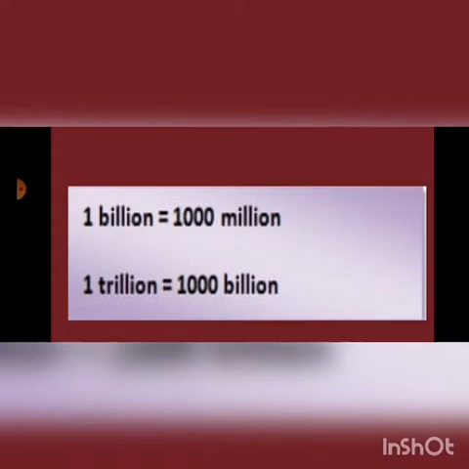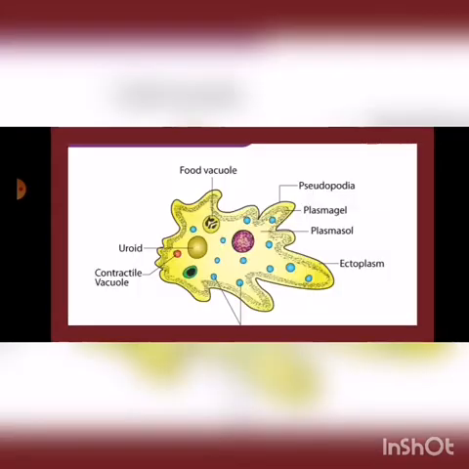Next, organisms can be of two types. The first one, multicellular organisms. The second one, unicellular organisms. Multicellular organisms are made up of more than one cell, for example mango tree, frog, and humans also.